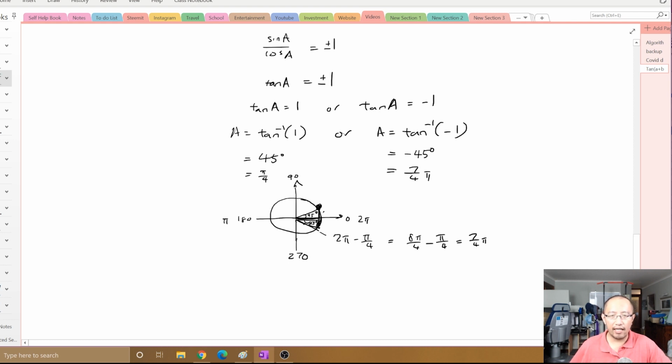Okay, but you can't forget that this will also give you the same answer as this. Okay, because you have positive opposite, negative adjacent. Positive divided by negative is also negative, so it'll give you the same value.